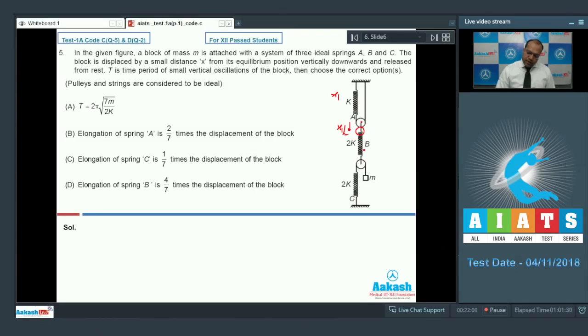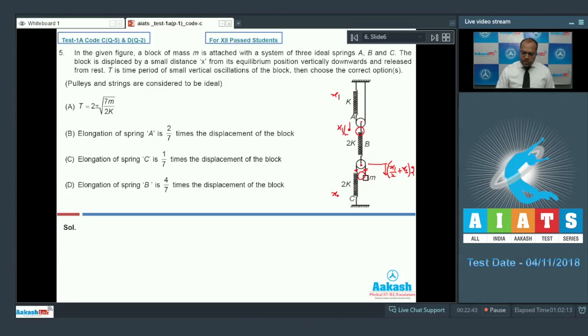If extension in the spring is x2, then the center of the pulley will move downward by a distance x1 by 2 plus x2, 2 times, because the string gets released from these two sides. So 2 times x1 by 2 plus x2.